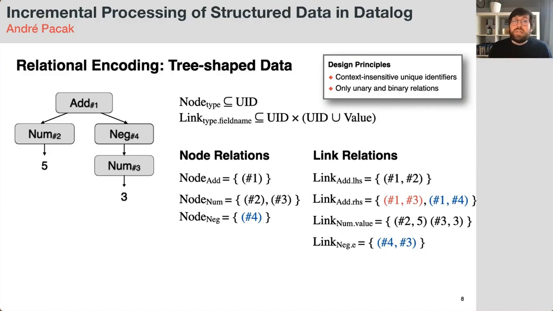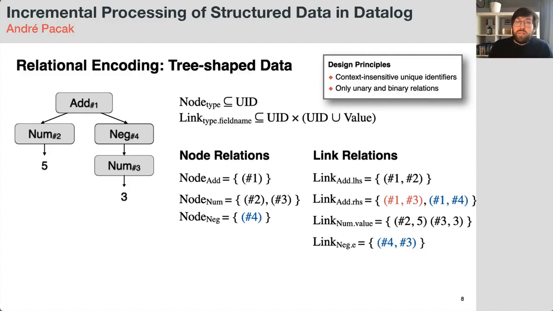But also we need to delete the tuple that connected the addition node with the right-hand side number node, which was with ID 3, and now reconnect the addition node with the negation node. And you see a small change of the structured data resulted in a small change of the link relations, because everything that had to do with the value connections and the left-hand side child did not change at all.